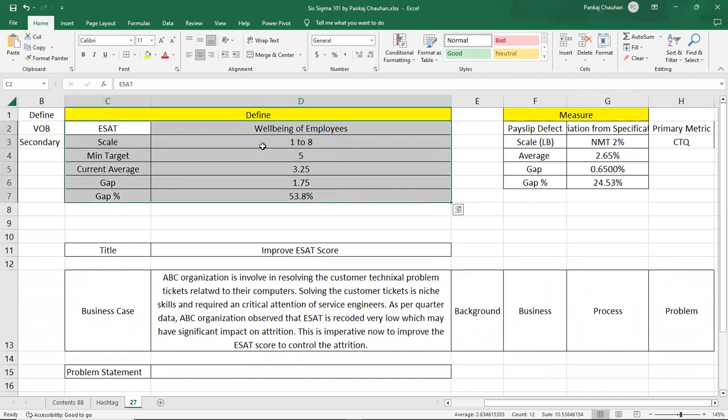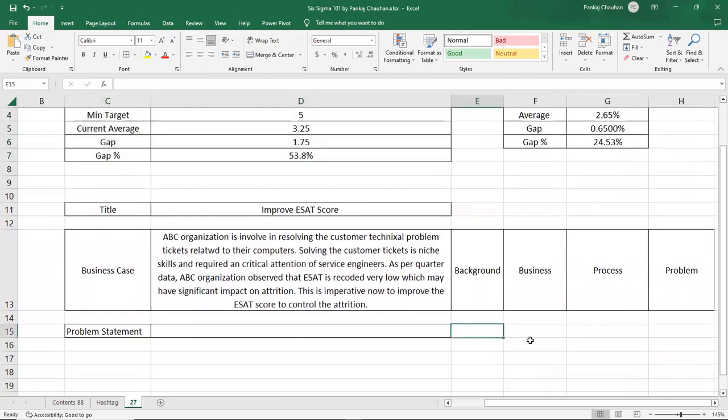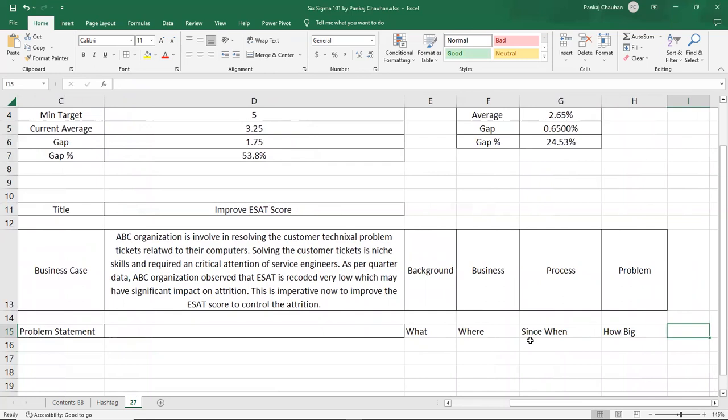Whenever you are writing a problem statement, we always start addressing these 5 words. Like, what is the problem? Where is the problem? Since when is the problem? How big is the problem? And what is the negative impact of the problem?